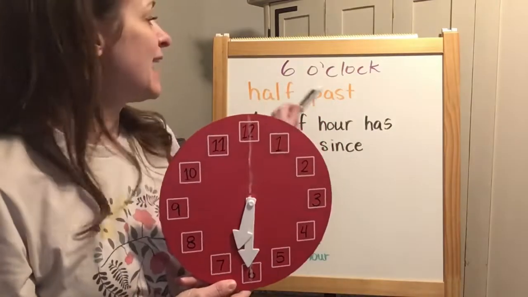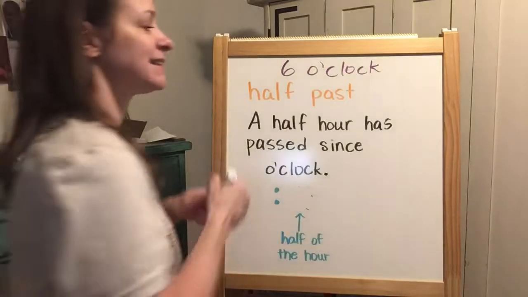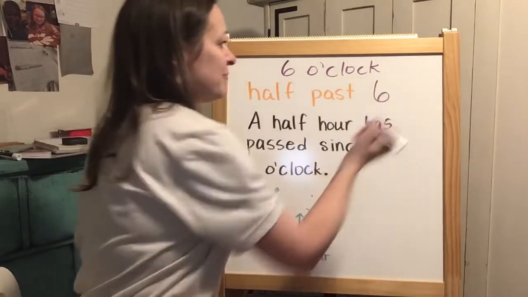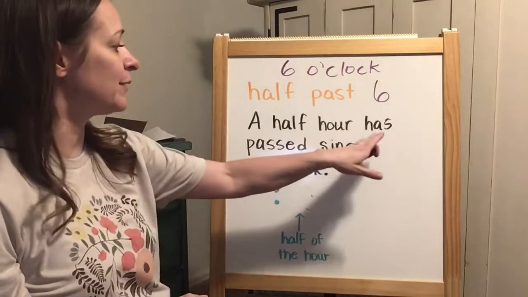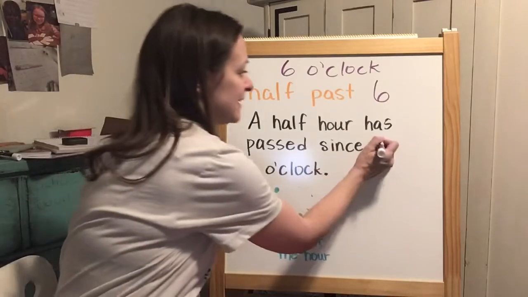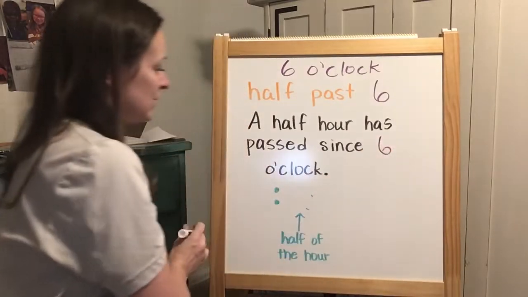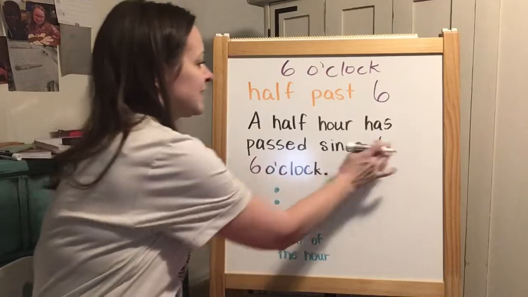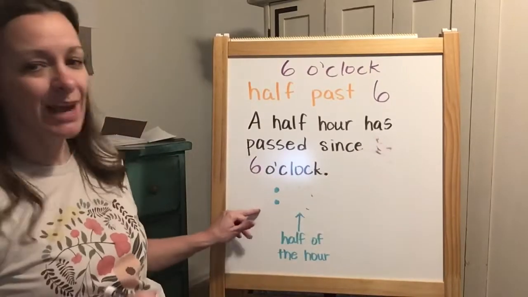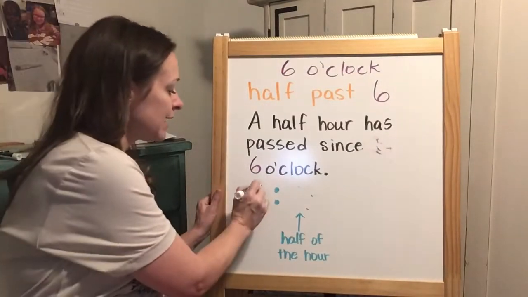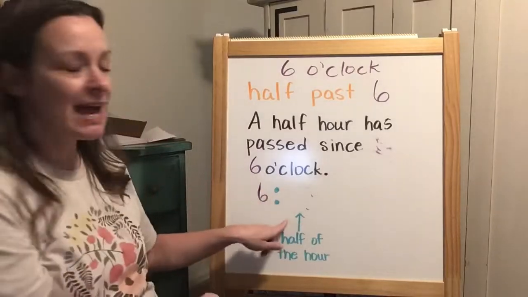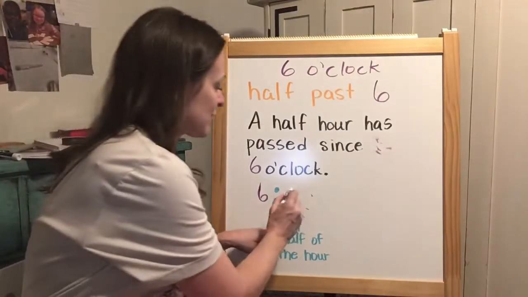It is half past 6. Good job. Half past 6, which is a half hour, has passed since 6 o'clock. Oh, I was writing it down there, wasn't I? 6 o'clock, right? And how would we write that here? We would write the 6, and half of 60 is 30.